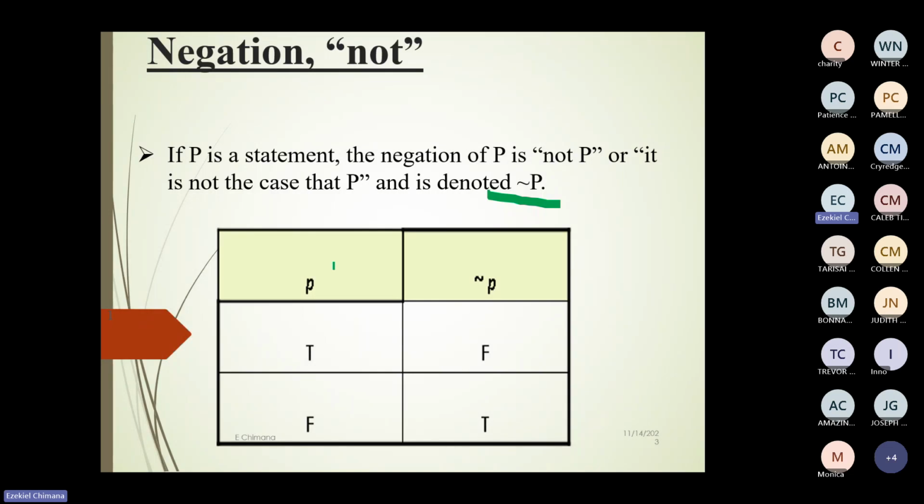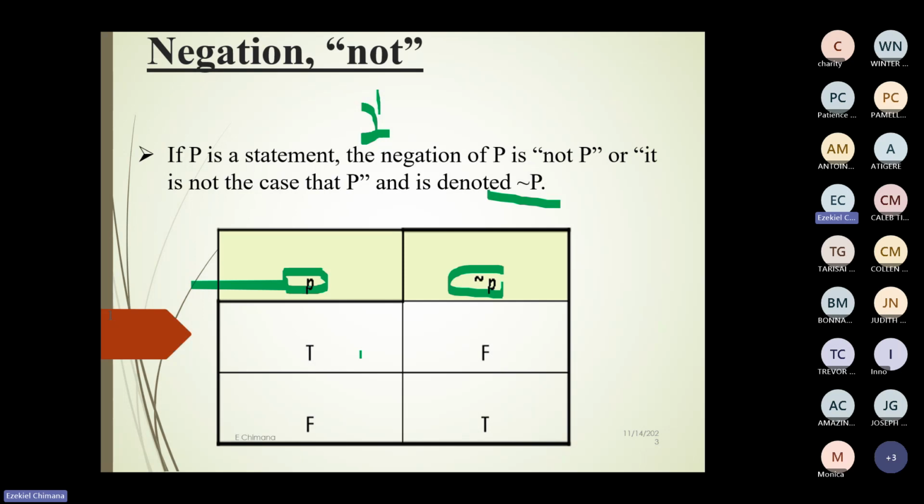Remember, you have one statement, and whenever you have one statement, it's 2 to the power 1, so you always have 2 rows. Make sure that you assign each statement a column, so we have a column for P. And then the negation of P is the result that you want, so you give it also a column.